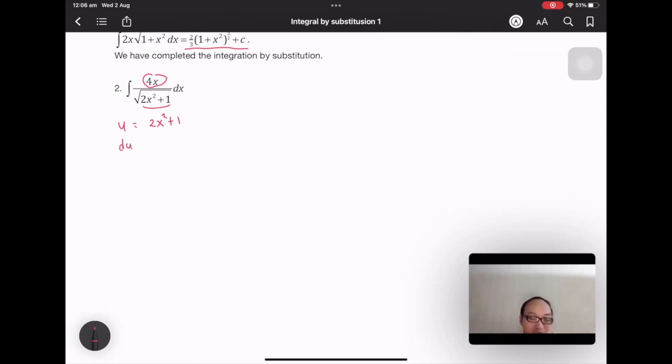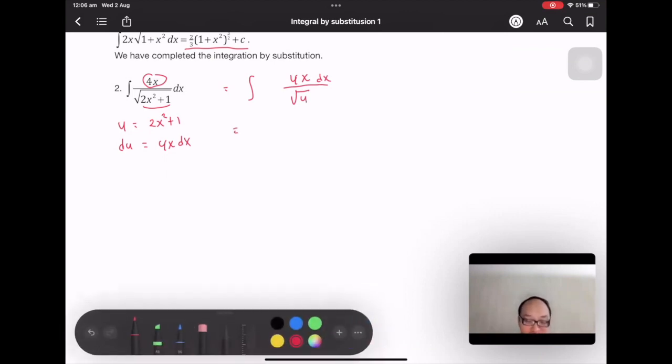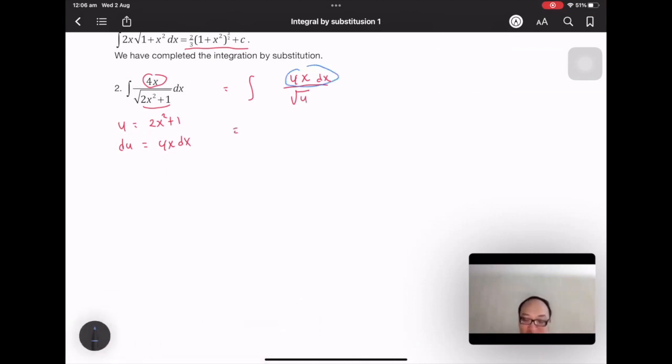So du is 4x dx. So this is integral 4x dx over square root of u. So the same thing, 4x dx can be changed into du. So this is du.